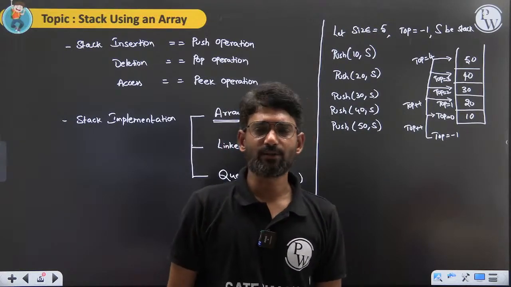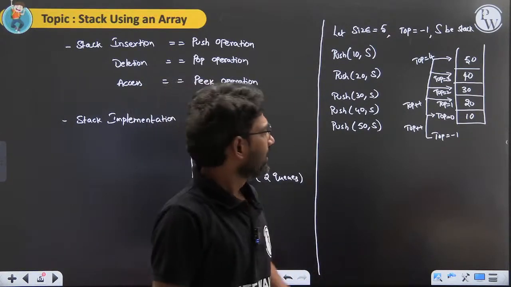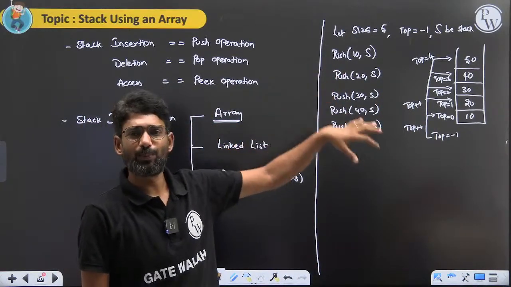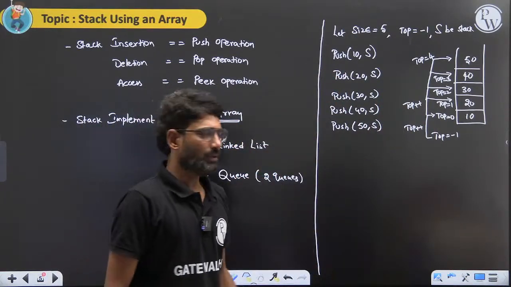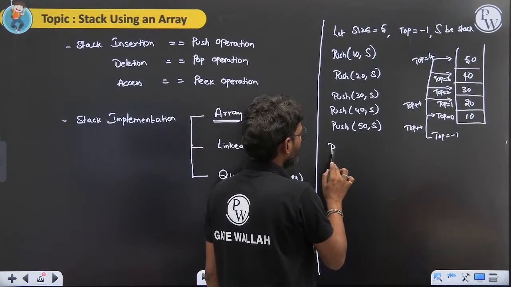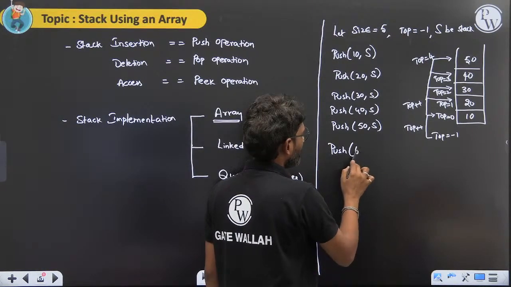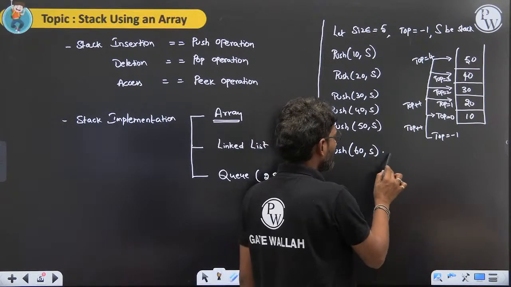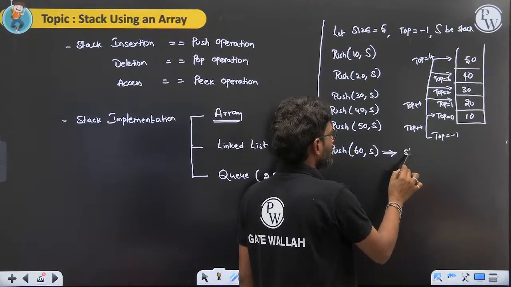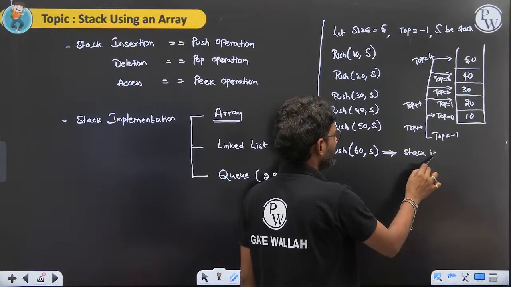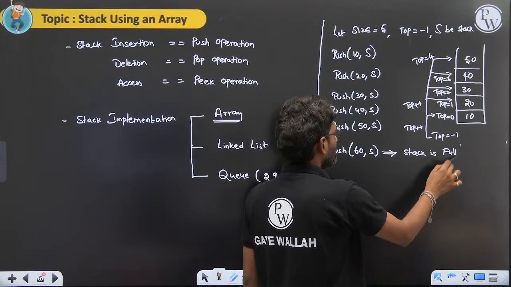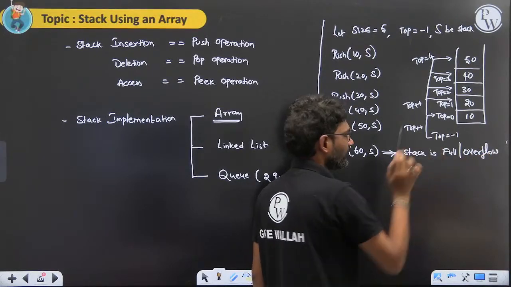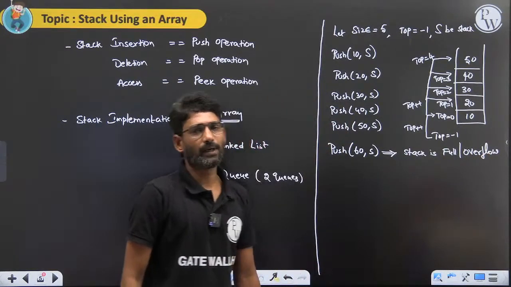Now what is the size of the stack? 5, and I have already pushed 5 elements. So will I be able to push any more? No. That means when I try to push further like this, it should give me a stack is full or overflow message, right?